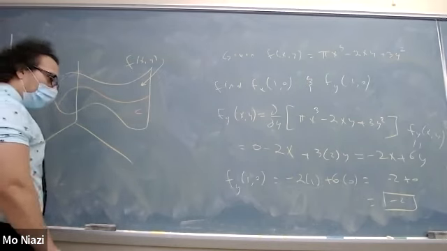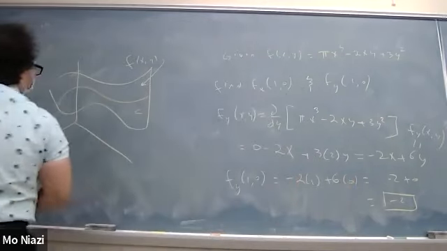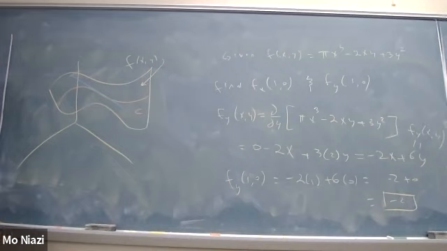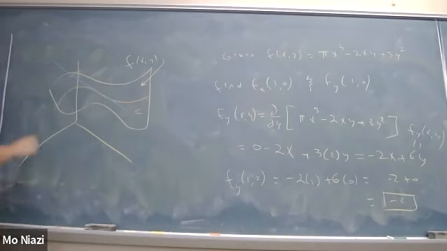So we can find a tangent line to it in the direction of y. Notice that this is x, this is y, this is z. Here's a tangent line, t sub y, for C.